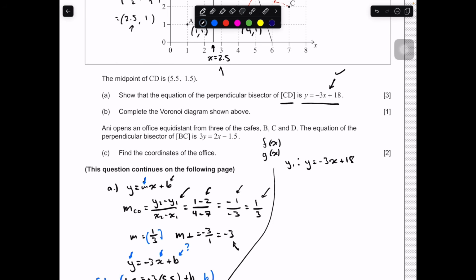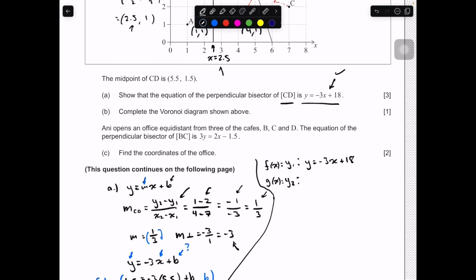But we can also call it y1 and y2 to simplify things. But remember, these things actually are equivalent. It wouldn't have made a difference.